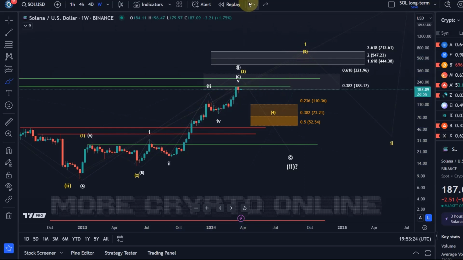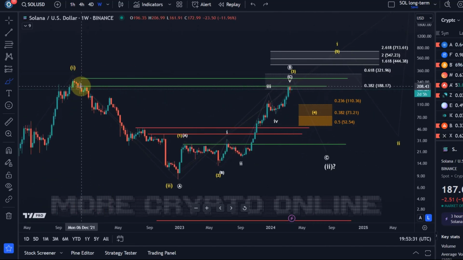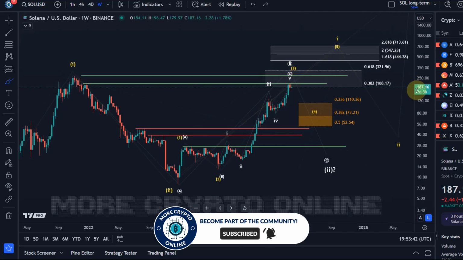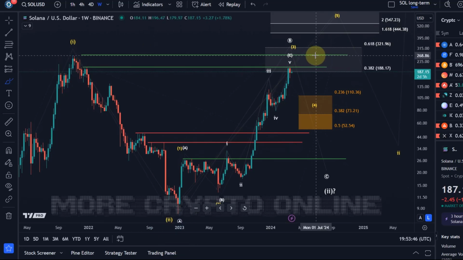The upside targets, I think, have been mentioned. And then, obviously, as you can see, the price is currently consolidating just below the structural resistance line here at around $204, $205. Actually, it's more like 208. And above that level, the next key resistance is around the high $200 area.